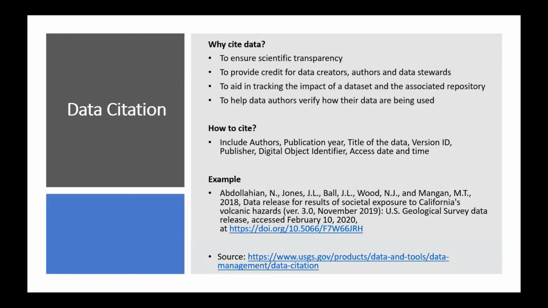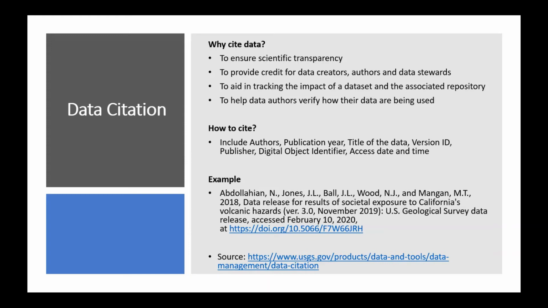And if you use data that is published by somebody else, you should also cite the data, just like you would cite an article. And why should you do any of this? First of all, to ensure scientific transparency, to provide credit for data creators, to aid in tracking the impact, and to help authors verify how their data is being used. So the original authors will be able to see that somebody is using their data set.